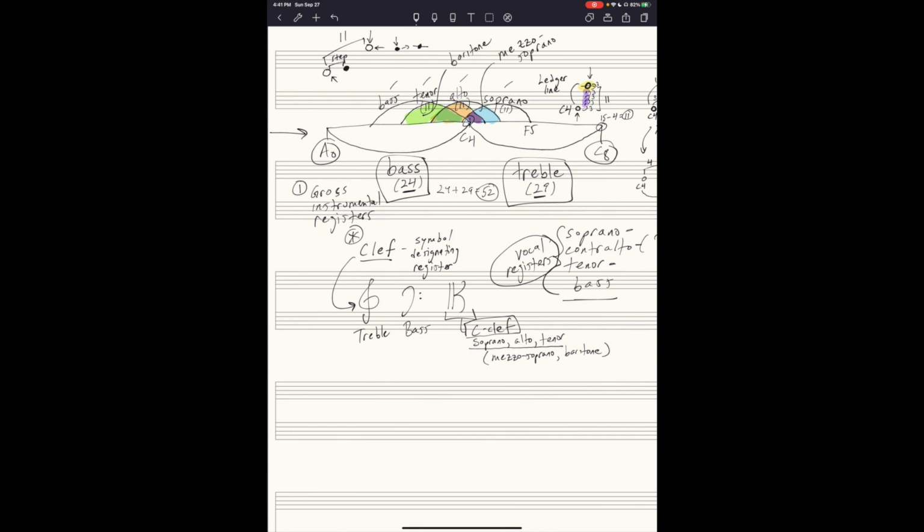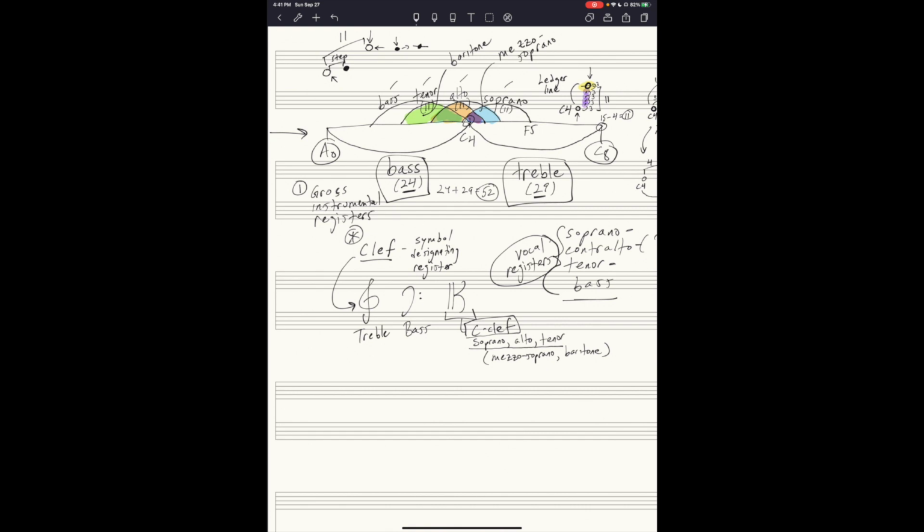In this case, C4 specifically, right? We're no longer worrying about octave equivalence, where all the letters are used abstractly and it doesn't matter which octave they're in. Right now, because we're using clefs, octave designations really do matter. So C clef really means C4 clef, and C4 is a reference pitch.